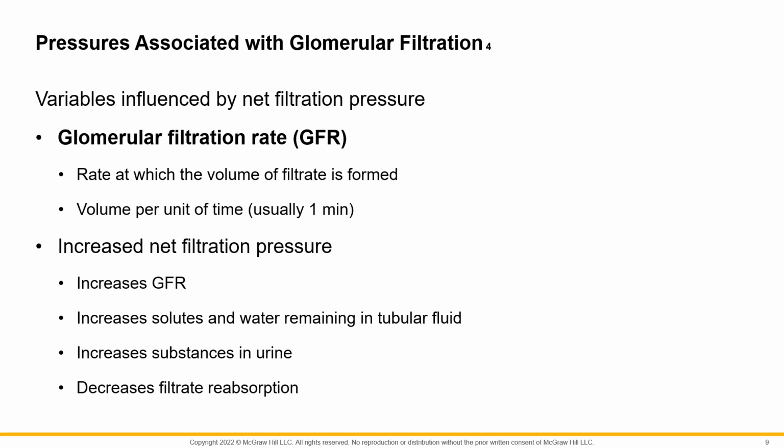Now, the net filtration pressure is important because that is what feeds into another very important variable in the urinary system. That variable that we're going to discuss is glomerular filtration rate. A rate is basically how many times an event happens against a unit of time, so against a minute, an hour, a day, and so forth.